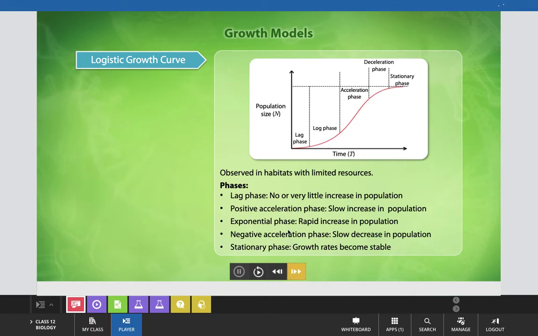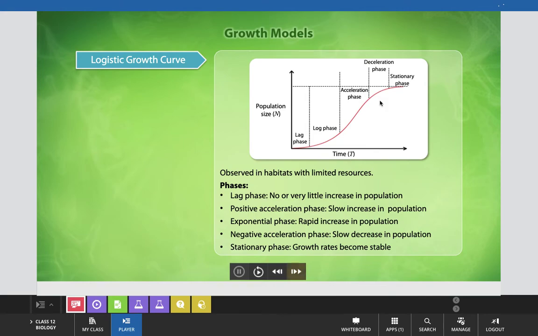And then in this exponential phase, rapid increase is going on. Here in this steep curve you can see that rapid increase in population going on in this part.